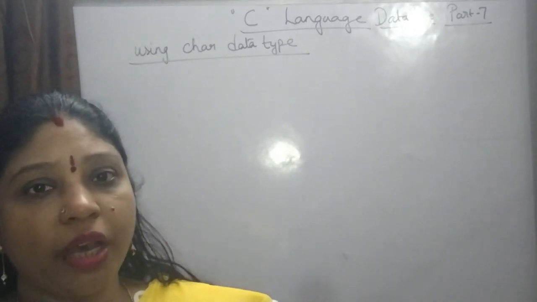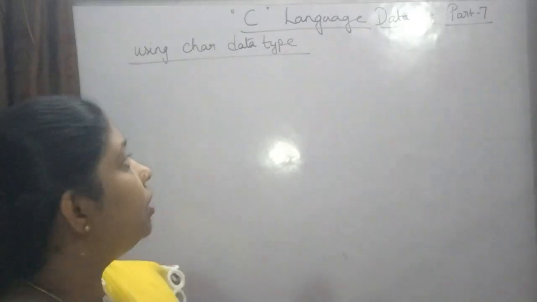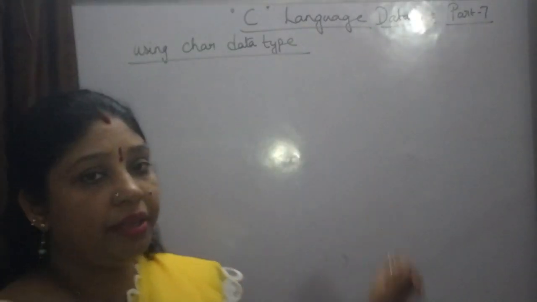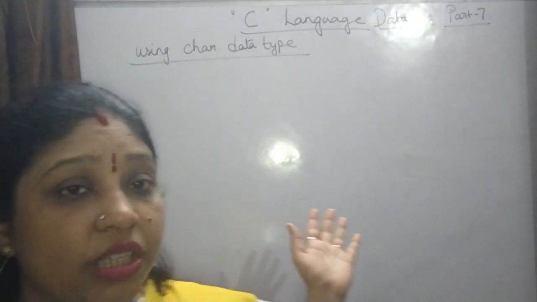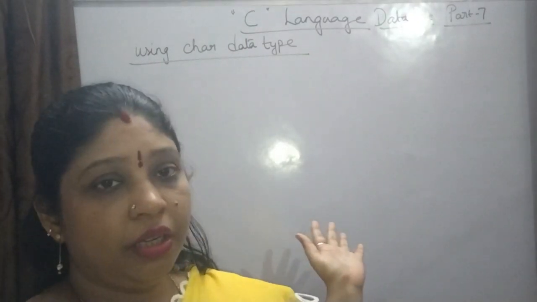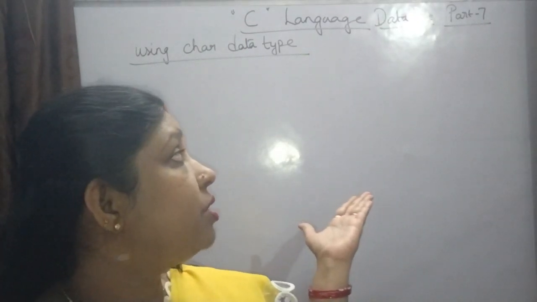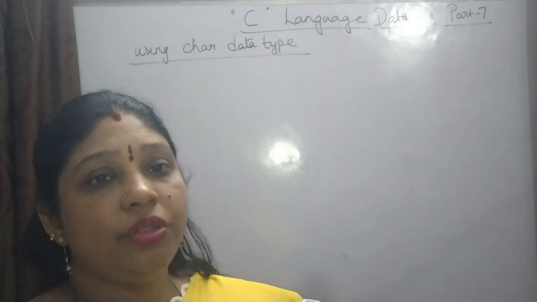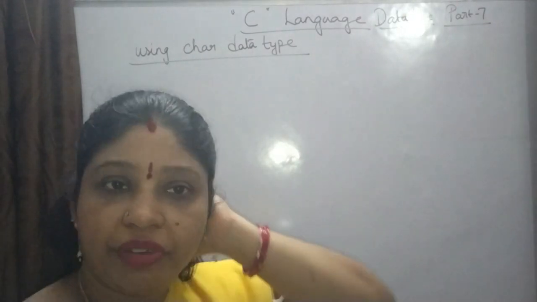Today in this video I am going to explain about using the char data type. This is one of the parts of the data types, so it comes under part 7. This will be the last part of data type.